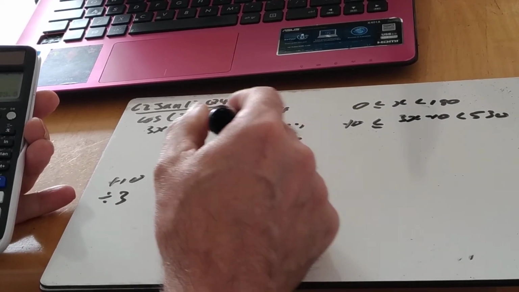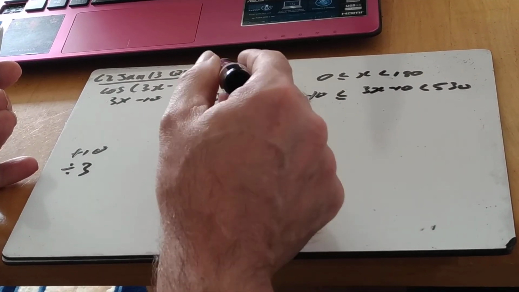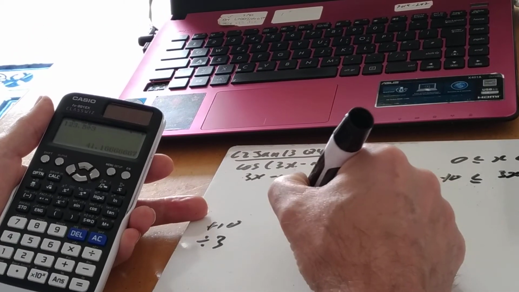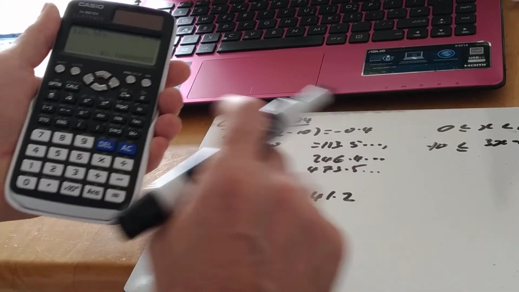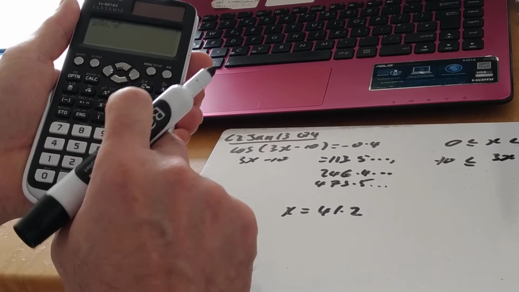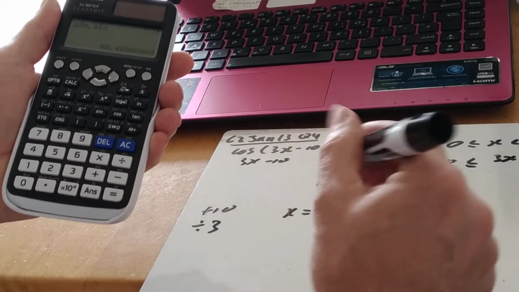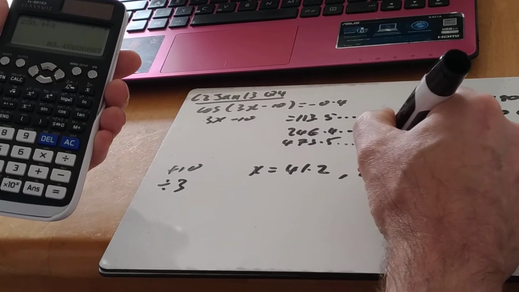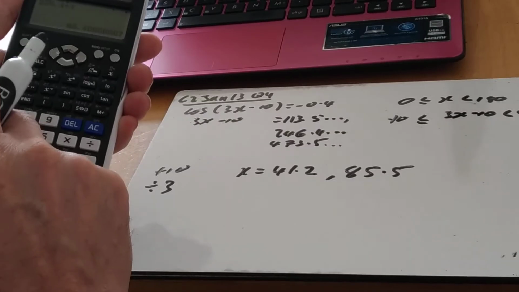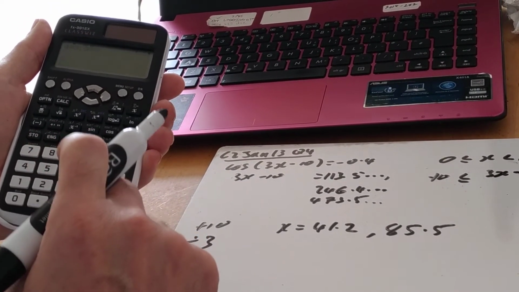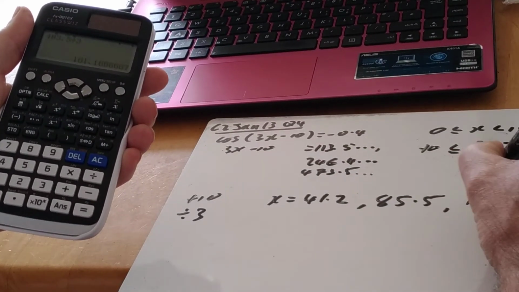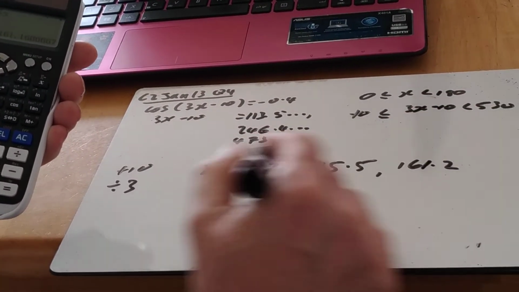You're going to get your first one by undoing it, so 123.5 divided by 3, which is roughly 41.2. 246.5 plus 10, 256.5 divided by 3, and that gives me my second answer of 85.5, and my 483.5. Once I've added 10 to it and then divided by 3, gives me that answer there of 161.2. Those are my three answers.